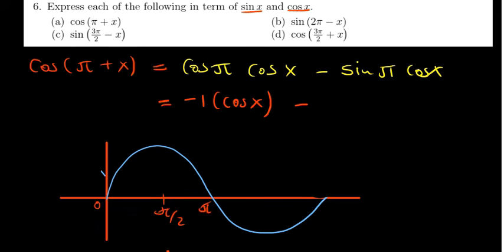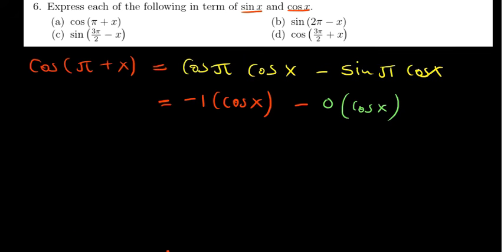So this is a sine graph. That is of course a 1, this is a negative 1, and that's a 0, and then you have sine of x. So the only part remaining here is negative cosine of x. You've expressed it in the form of cosine of x without remaining with any other angle.